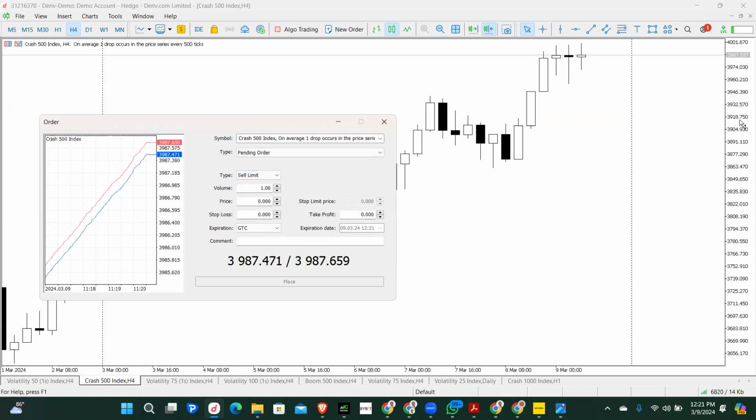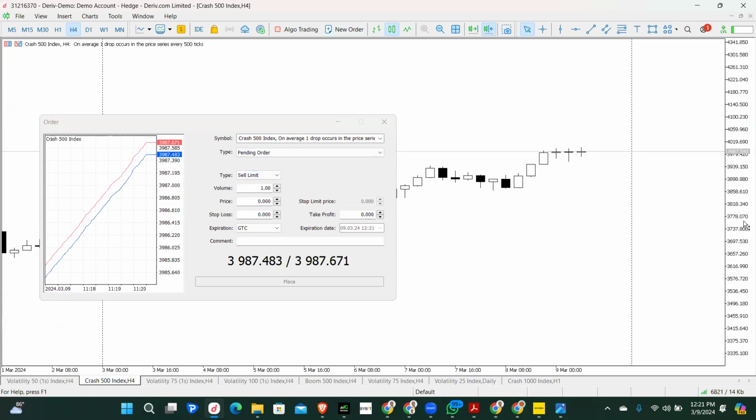Since it's sell limit, I want to sell at a price below the current market price, which is, let's say I want to sell at 41.770. So if I'm selling, my stop loss will not be a price above my entry.